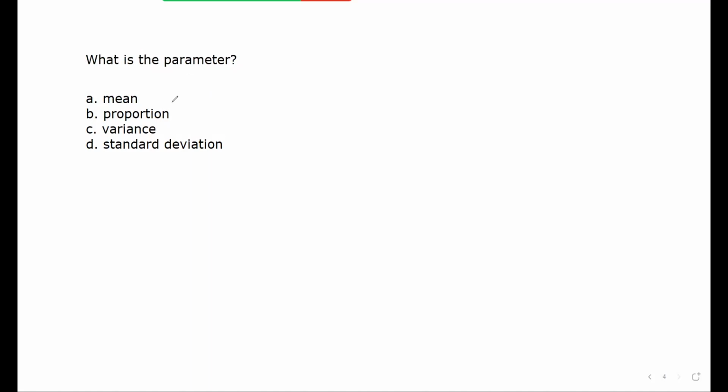So the symbol for the mean, we know, is mu, right? The symbol for the proportion is P. The symbol for the variance we were doing earlier is sigma squared. And the symbol for the standard deviation is just the sigma without the square. It's going to be one of those four. So it's going to be the standard deviation sigma, correct?